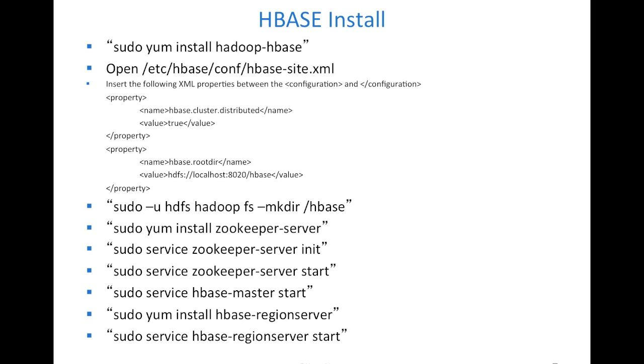If you're starting ZooKeeper for the very first time, you have to run the ZooKeeper server init, and then you can start the server with sudo service zookeeper-server start. Then you start the master server and then the region server.